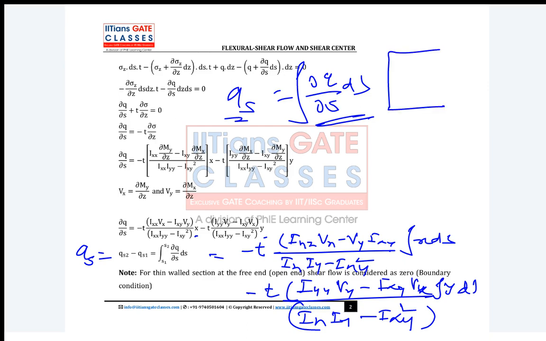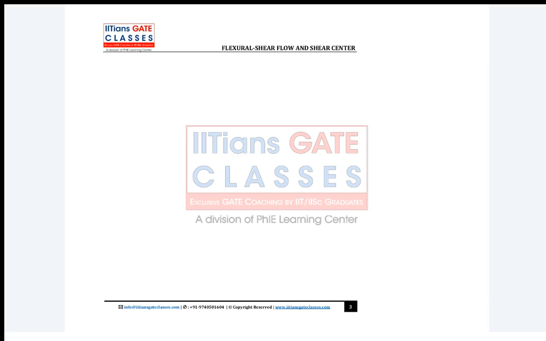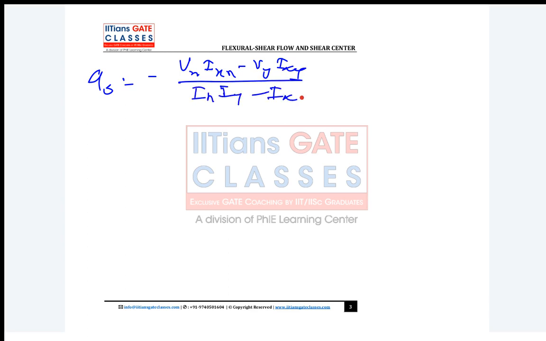Suppose, guys, this thin walled section is idealized to lumped area. So in that case, what will be this Qs formula? This t into ds will become area. So the same equation, if you write in this form, Qs is Vx Ixx minus Vy Ixy upon Ixx Iyy minus Ixy square, integration x t ds.